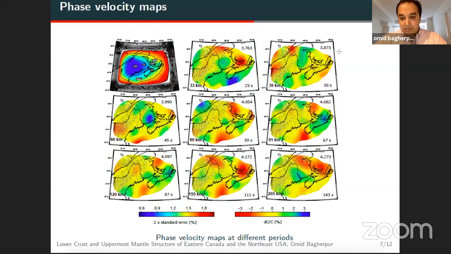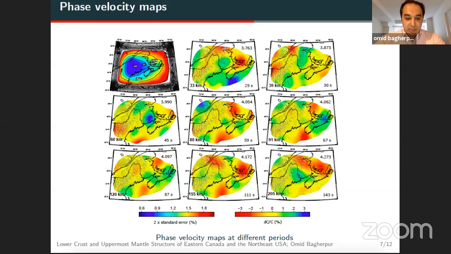So for example, at 30 seconds, the maximum sensitivity is around 39 kilometers, but it has a plus and minus. In the top panels, I'm showing the phase velocity variation sensitive to lower crust. In the middle panels, you're seeing the velocity structure of lithospheric depths, and in the bottom panels, you see velocity variation over lower lithosphere and sublithospheric depths.